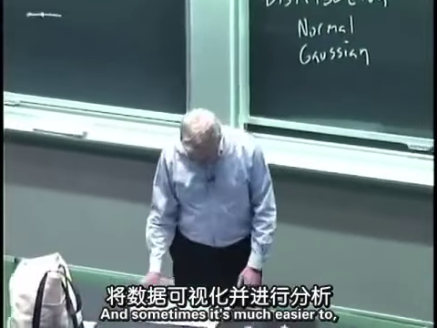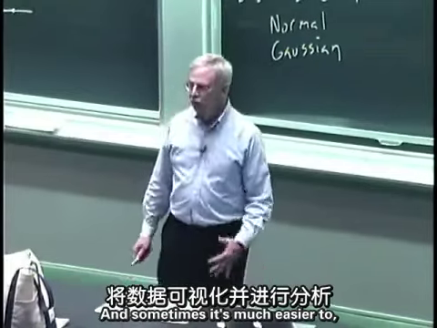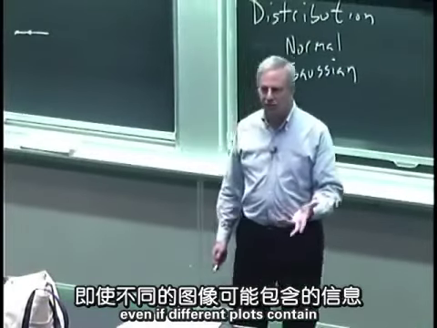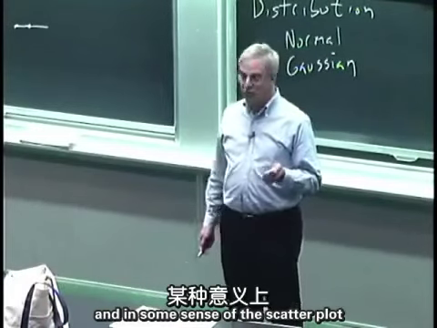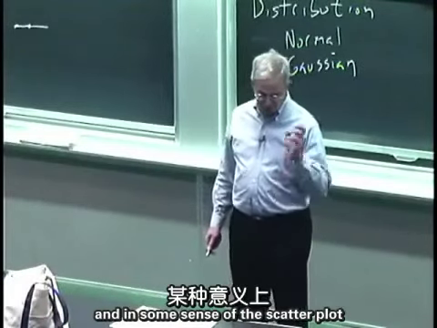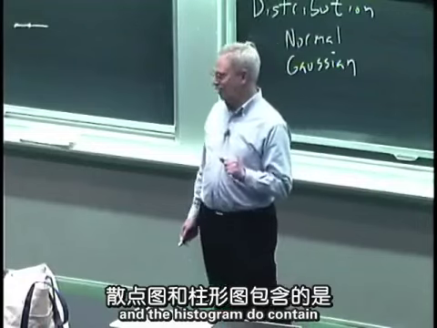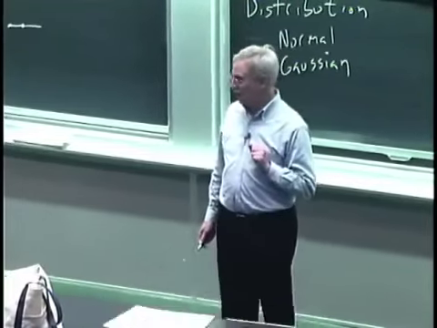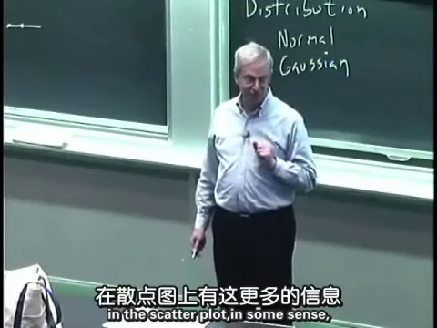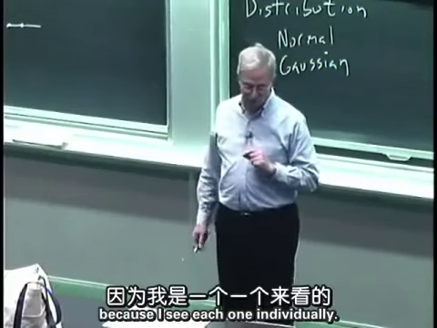And sometimes, even if different plots contain exactly the same information, and in some sense, the scatter plot and the histogram do contain exactly the same information. In fact, there's more information in the scatter plot, in some sense, because I see each one individually.